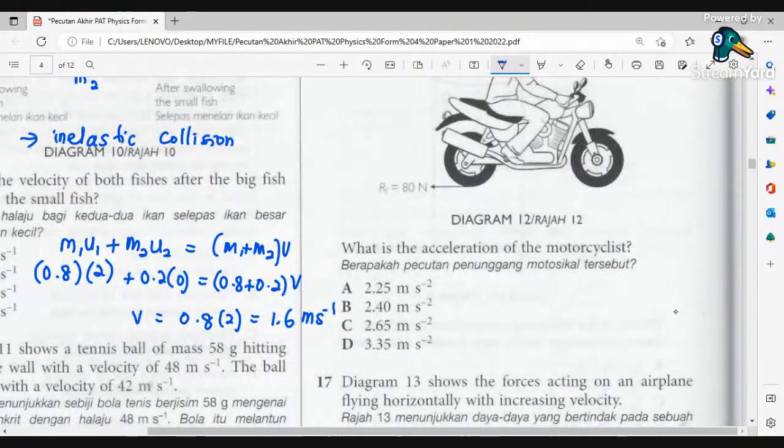Okay, kita akan apply formula F equals to ma.